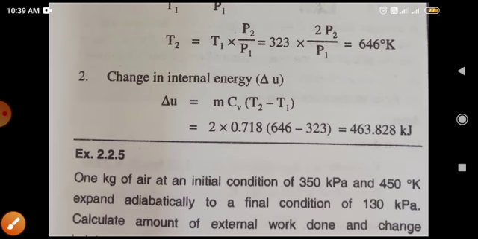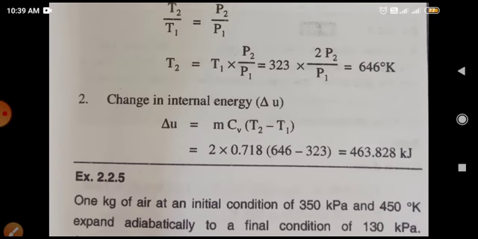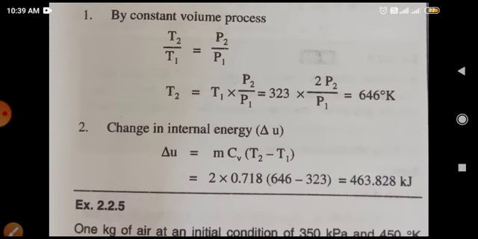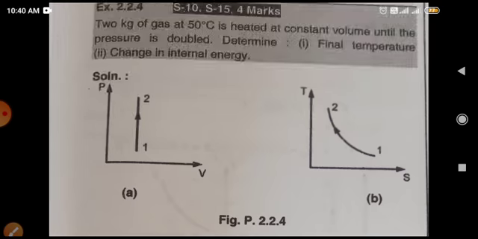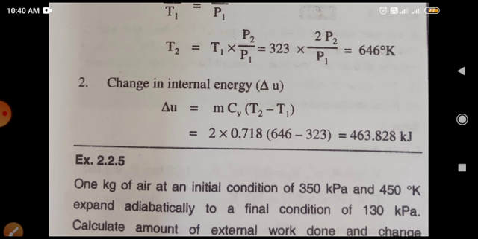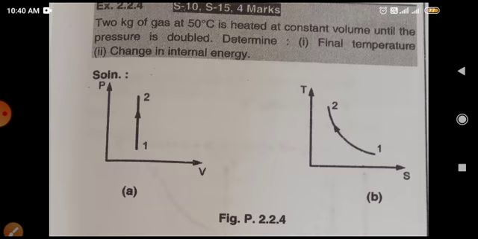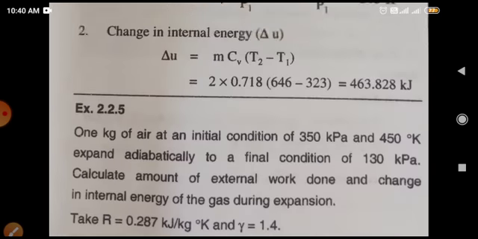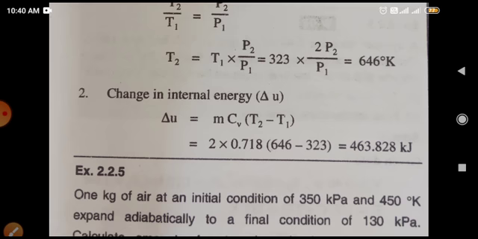Now they have also asked to calculate the change in internal energy, that is delta U, which equals mCv (T2 minus T1). The value of Cv is not specified here, but you have to consider it; this value is always given to you.